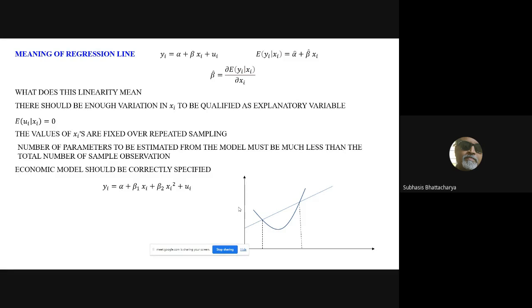Then to define beta, we make a simple calculus calculation, that is the expected change of the expected value with respect to the change of x. So this is the average. Here beta hat is expressed for a unit change in x. Consumption changes by beta hat on an average.